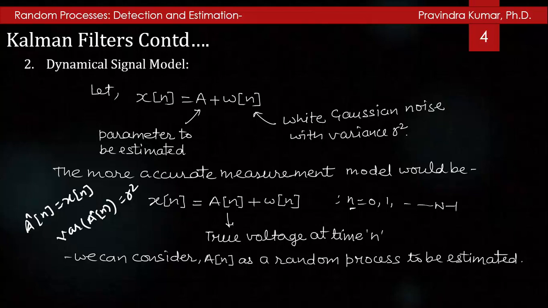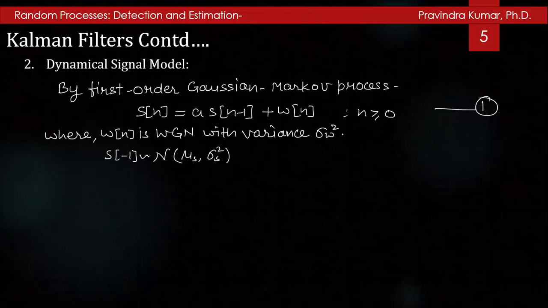So by a first order Gauss-Markov process, s[n] = a s[n minus 1] + u[n], where n is greater than or equal to 0, and u[n] is white Gaussian noise with variance sigma u squared, and s[minus 1] is a normal random variable with mean mu s and variance sigma s squared. And s[minus 1] and u[n] are independent.